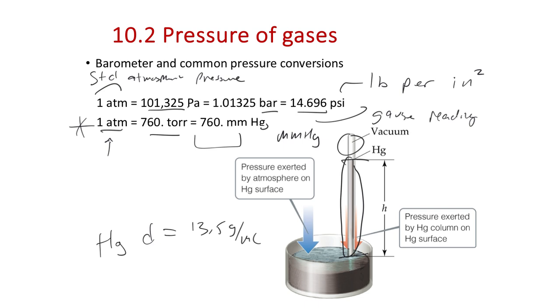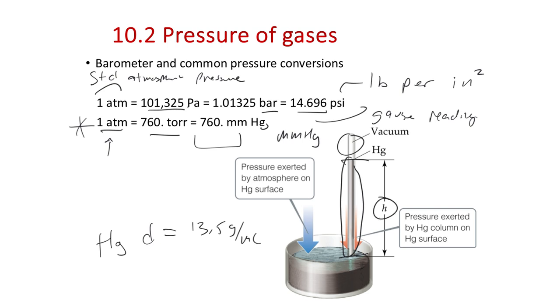It would be 13.5 times taller. 760 millimeters is getting close to a kilometer, so you need a barometer of about 1 to 2 kilometers to measure standard atmospheric pressure. Even a mercury barometer is going to be about yay big, but it would be 13.5 times bigger if we use water. If we use a substance that was even half the density of mercury, it would be double the height.